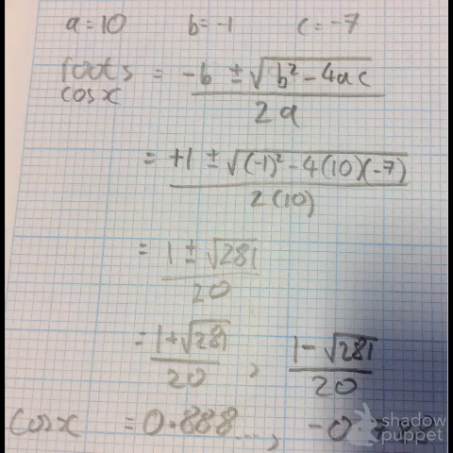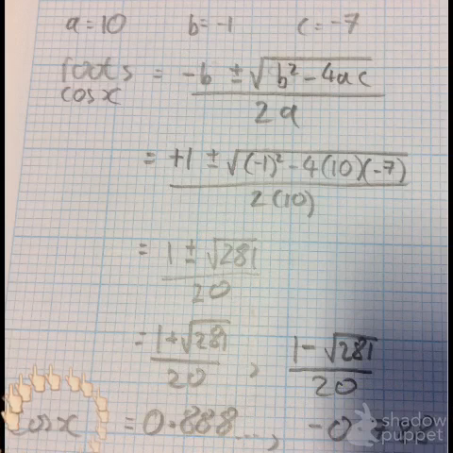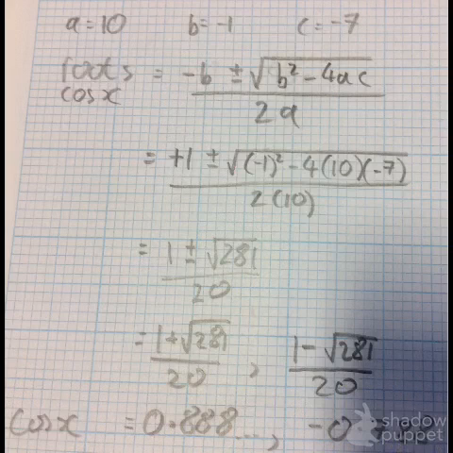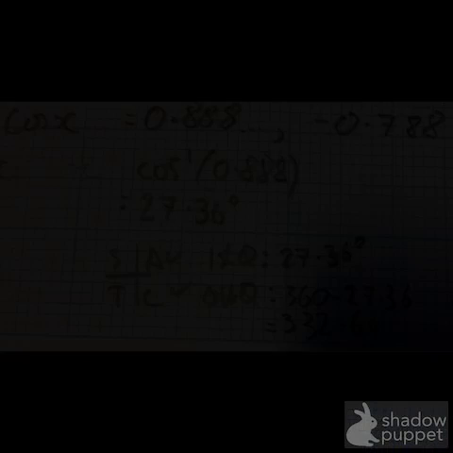So I've ended up with 2 solutions, and it's worth remembering that when you use the quadratic formula, normally you'd be finding what x is, but because our trinomial had cos x as its variable, what's coming out here is cos of x equals 0.88 and negative 0.788. So all that's left to do is to treat this like 2 small problems.